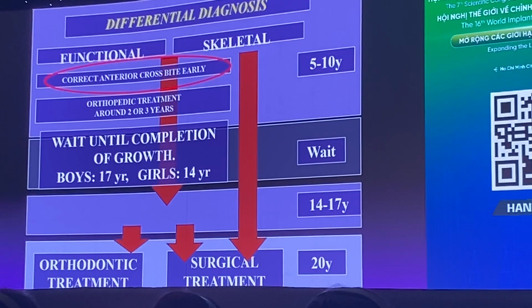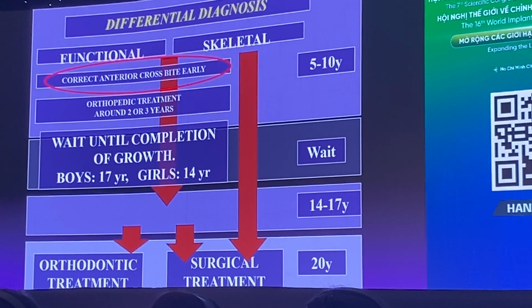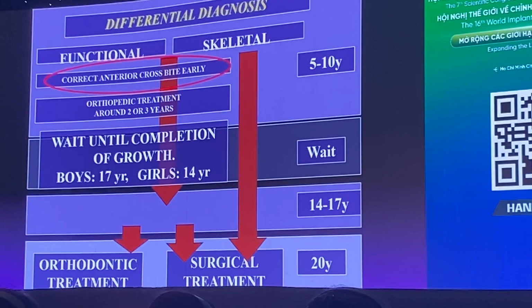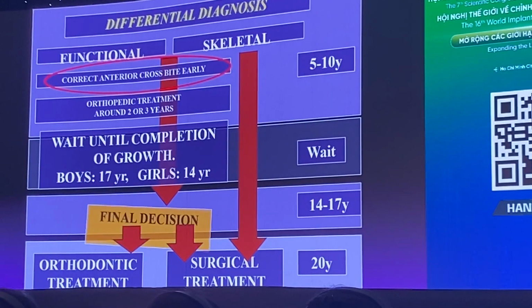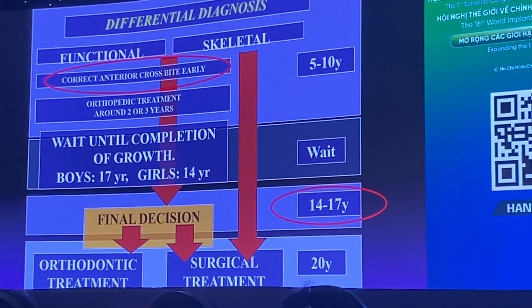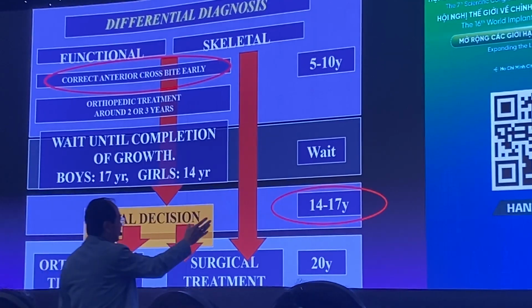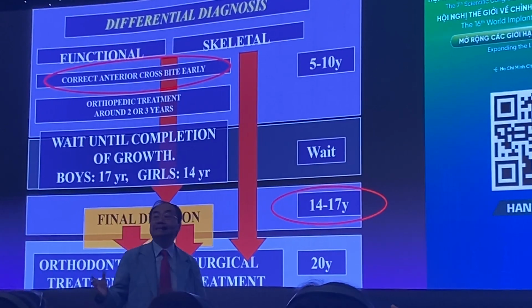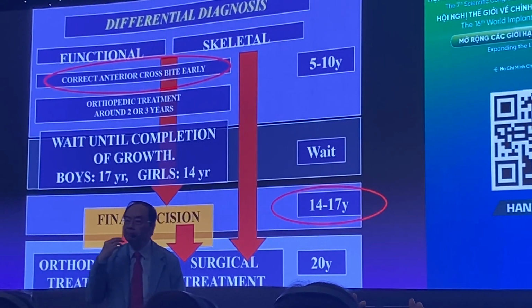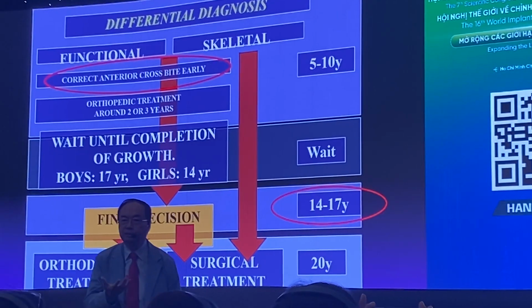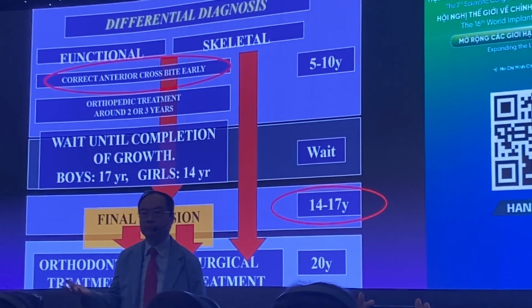But the tricky part is once you have corrected the anterior crossbite, you must learn how to wait until, if it is a girl, 14 years old, if it is a boy, 17 years old, before you put the braces back to finish your treatment.